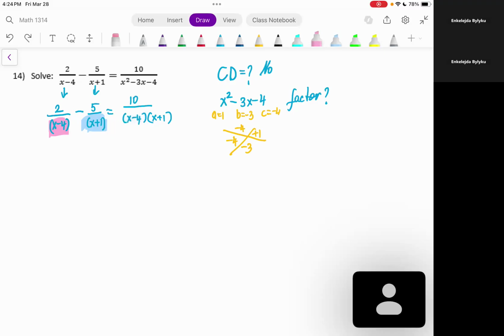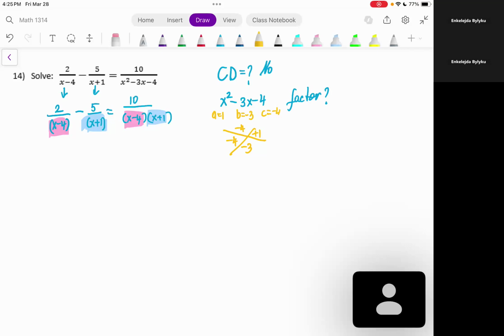It does have an x minus 4 and it does have an x plus 1. Well, that's great. This is our common denominator. So we are now going to use multiplication to rewrite each of the terms with a denominator of (x minus 4)(x plus 1).